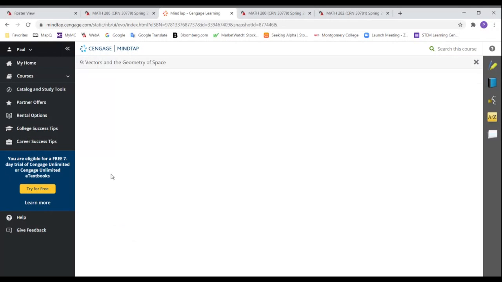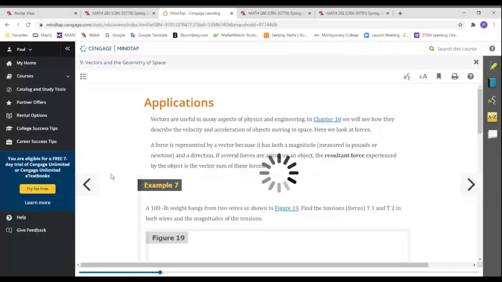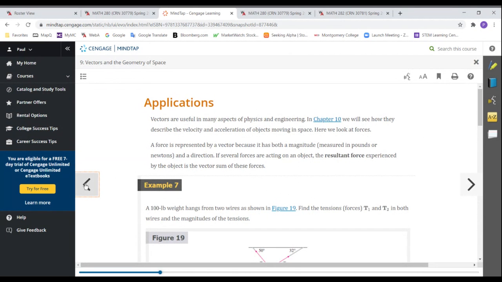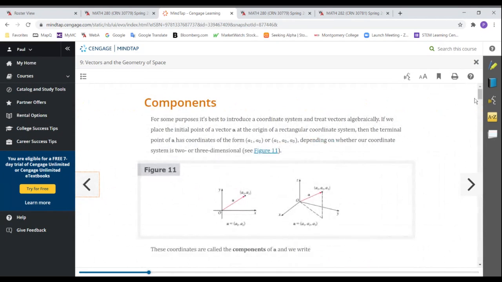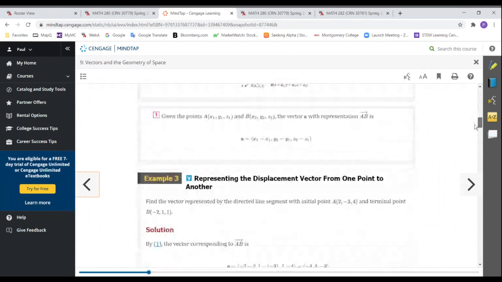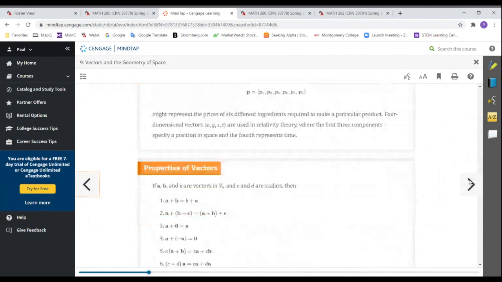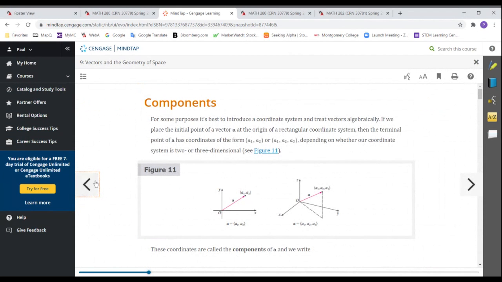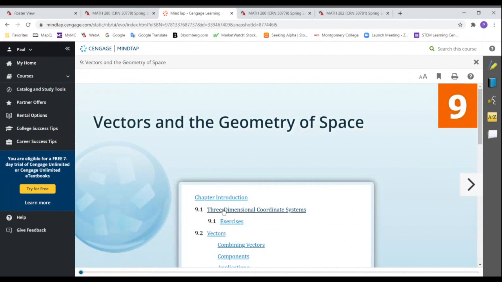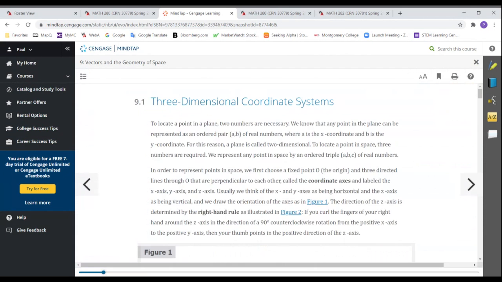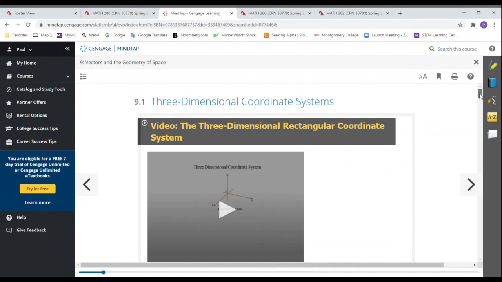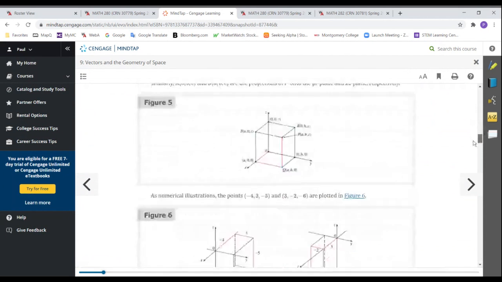It's kind of nice. You can review things if you need to. I wanted to go to example 6 here. Wait, I want to be in section 9.1. Here we go. We're going to talk about vectors, but not yet.